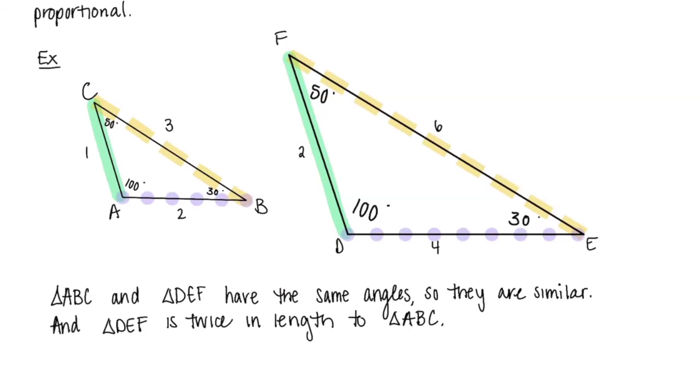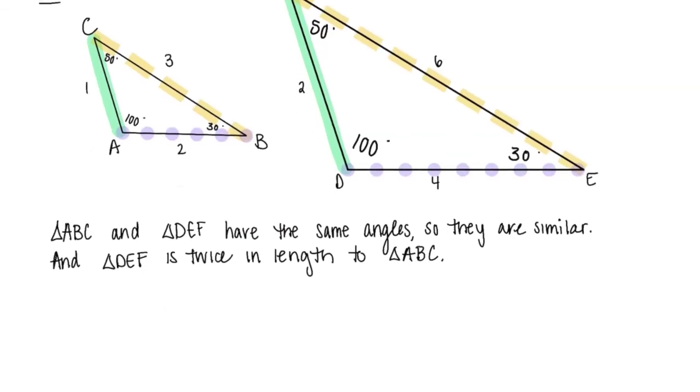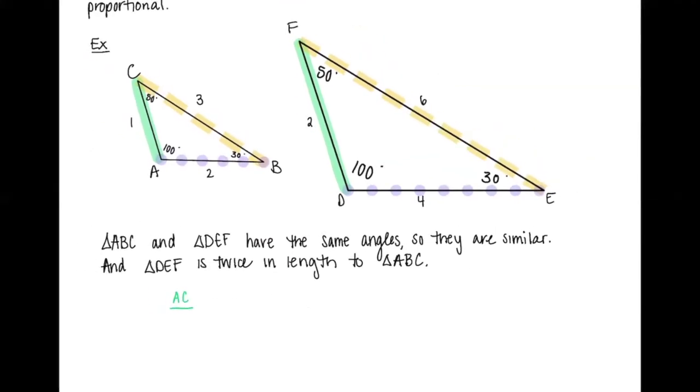Looking at any ratio, if I put side length AC over side length DF, it would be 1 on the top, 2 on the bottom. If we look at side BC and EF, also going to be 3 over 6 or 1/2.